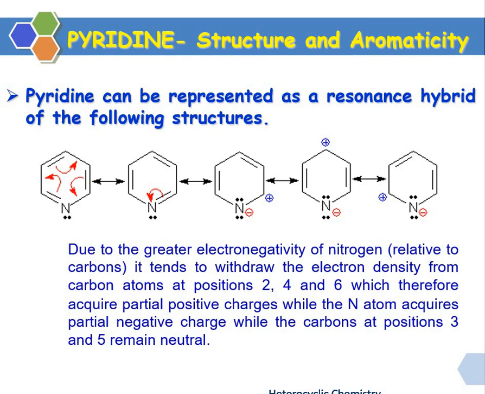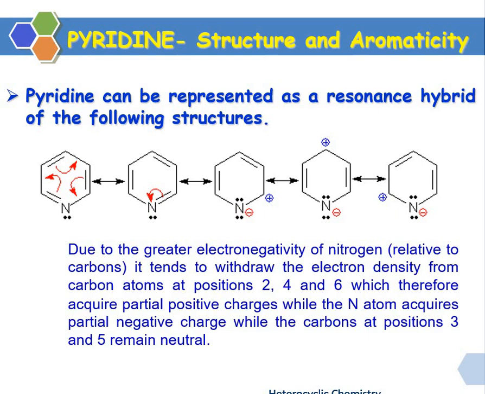Now I am going to show you some resonating structures. You know, pyridine can be represented as a resonance hybrid of the following structures. You can see here many resonating structures are possible.